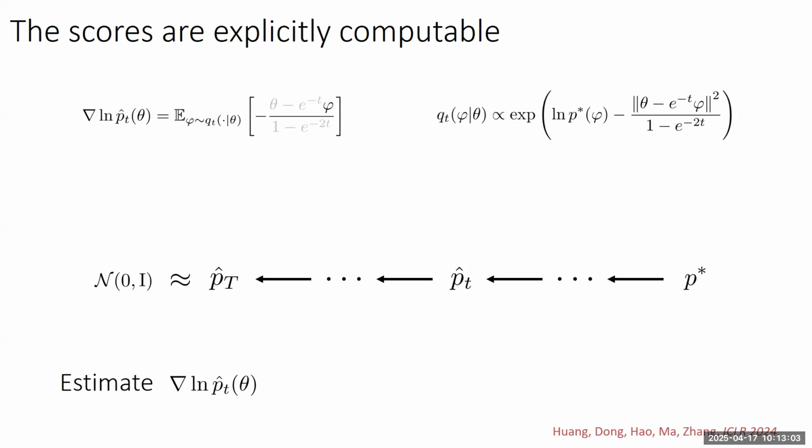And the expectation is with respect to a distribution, which is the product distribution of the posterior distribution that we care about and the Gaussian distribution. Right, so that's all we need to do. So we don't really need to do score matching if we know the posterior.